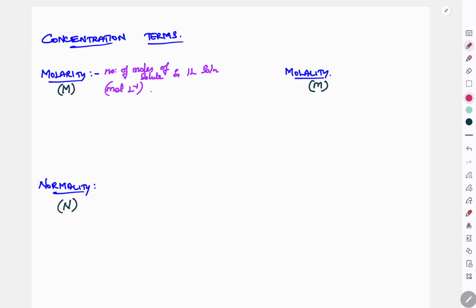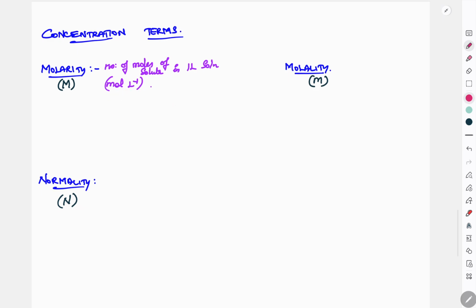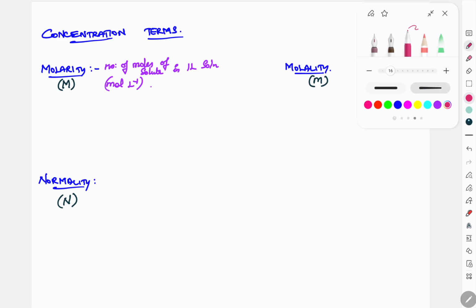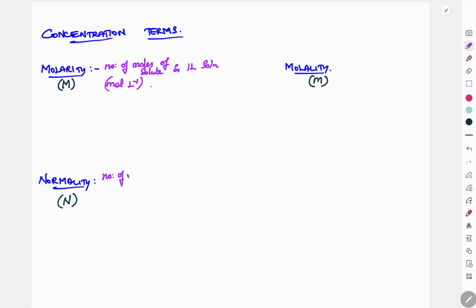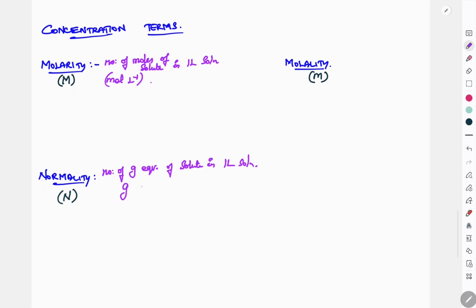This is expanded like this: number of moles of solute by volume of solution in liters. Next, what is normality, sir? Number of gram equivalents of solute in 1 liter of solution. Number of gram equivalents per liter.